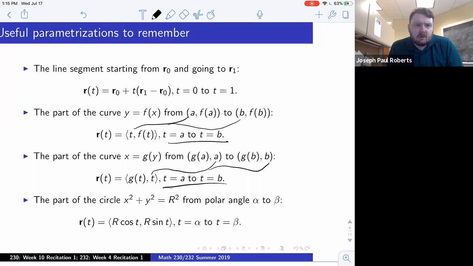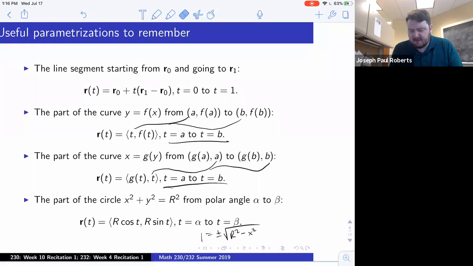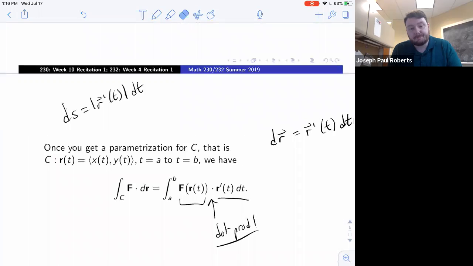And then finally, if you want to parameterize a circle, you could solve for x or y, but you can't trace the entire circle with one thing because, if I solve for y here, this would be y equals plus or minus square root of r squared minus x squared. And so if you wanted to trace out the whole thing, you'd have to do the top half with the plus, and the bottom half with the minus. And also square roots are kind of nasty when you start taking derivatives, which we're going to have to do because remember, both of these formulas involved r prime.